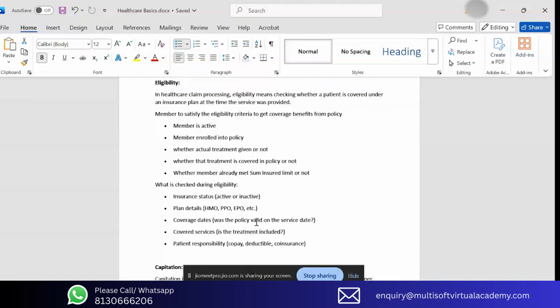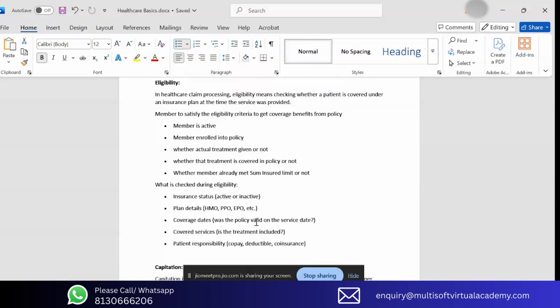Second, they should be active with that enrolled plan. Third, they should be enrolled into the policy. Fourth, whether or not treatment is given, the plan should be effective as on the day when the service is being provided.